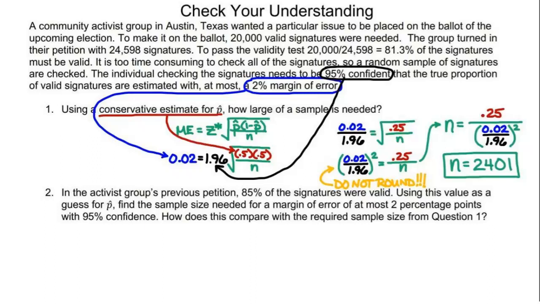It's only squaring the 0.85. I believe you. All right, try that. Okay, so what we're going to do instead: 0.85 divided by 1.96. We're going to square that answer.